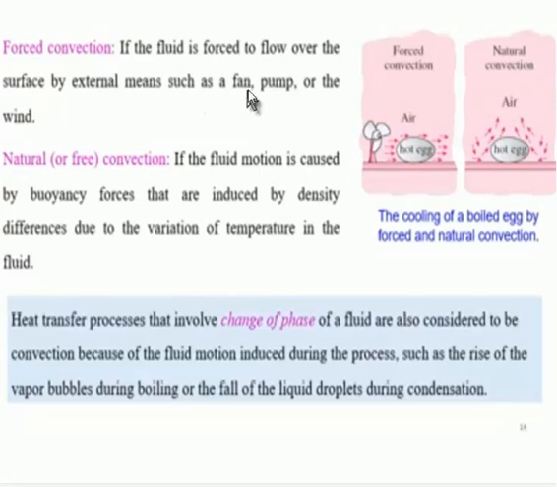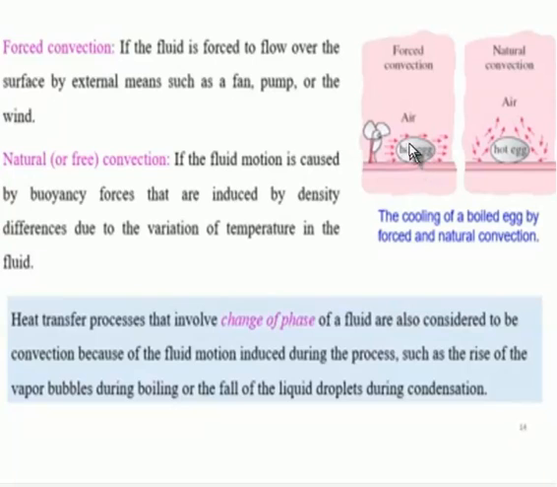What are those? We can use a fan, a pump, or the wind. So we can forcibly flow the fluid over the solid surfaces, by using external devices. Such type of convection is called forced convection.